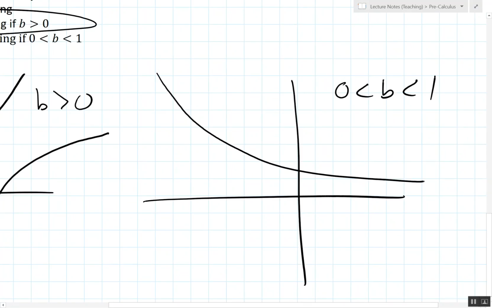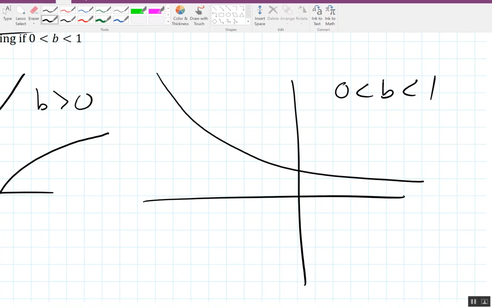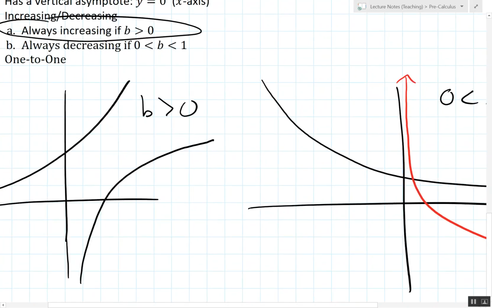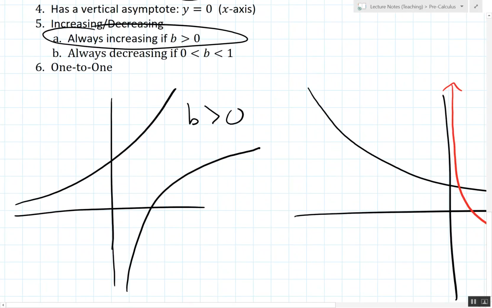And so the graph of the logarithmic function is going to look like this instead. Oh, no, that's a crappy graph. It will look like that instead. So always decreasing if b is between 0 and 1, always increasing if b is greater than 1, and then because the exponential function is one-to-one, so is the logarithmic function, otherwise they won't be inverses.